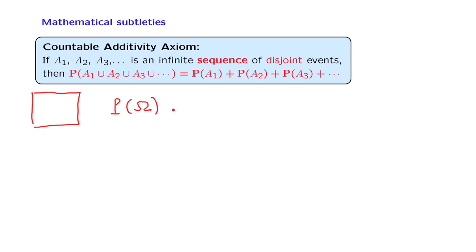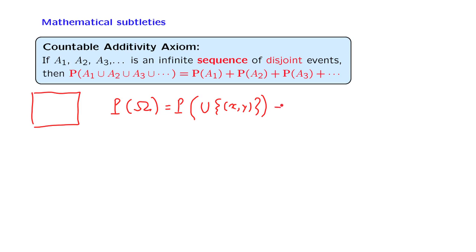Our sample space is the unit square, and the unit square can be thought of as the union of various sets that consist of single points. So it's the union of subsets with one element each, and it's a union taken over all the points in the unit square.